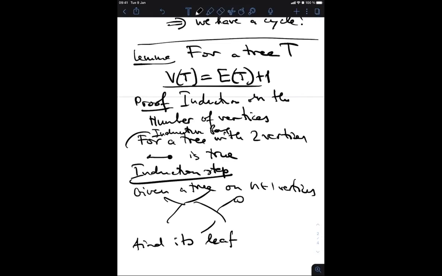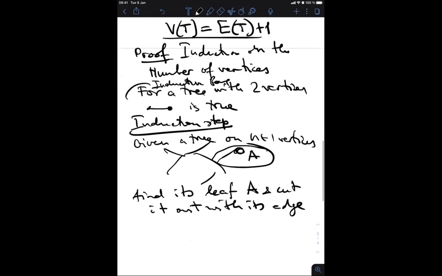So say we have found some leaf, A, and cut it out with its edge. Okay, so we'll be removing this piece. A is not connected to our tree by anything else because its degree is just 1.